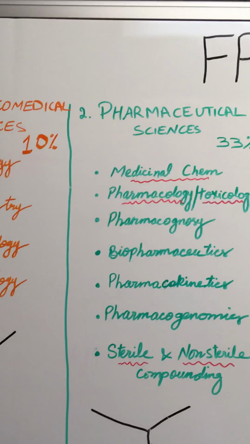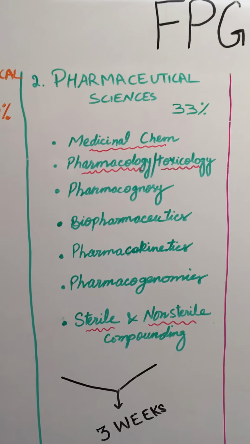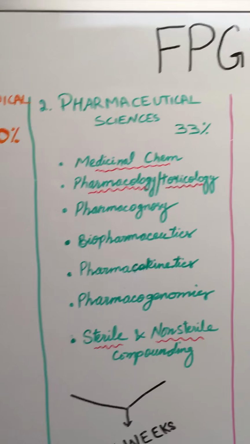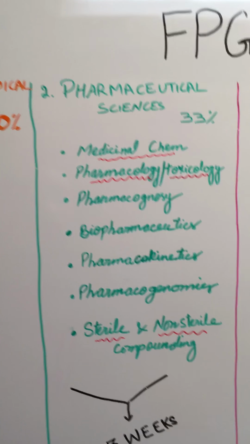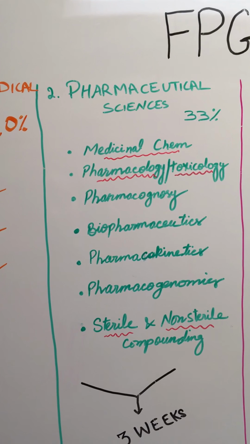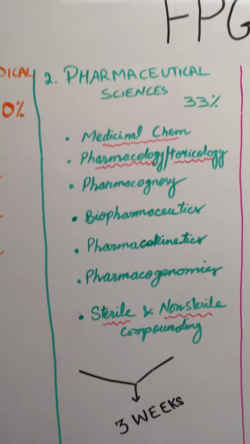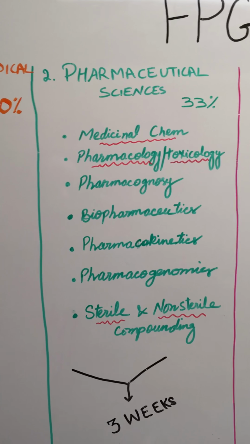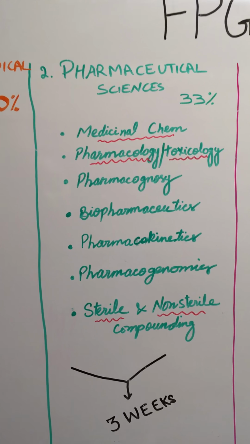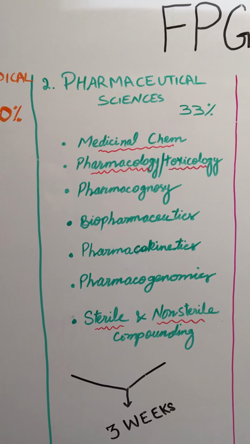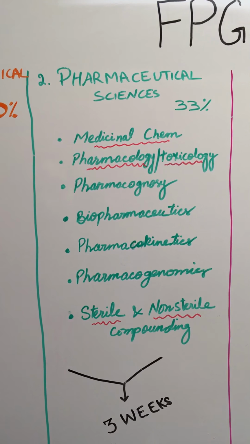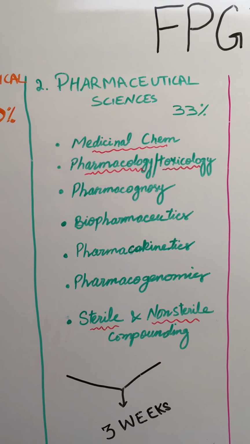Second area is pharmaceutical sciences. 33% of the exam, which is a big deal. Now, I don't see any topic in this area which you can think, I can ignore that. All of these topics are very important, especially medicinal chemistry, pharmacology, toxicology, sterile and non-sterile compounding.